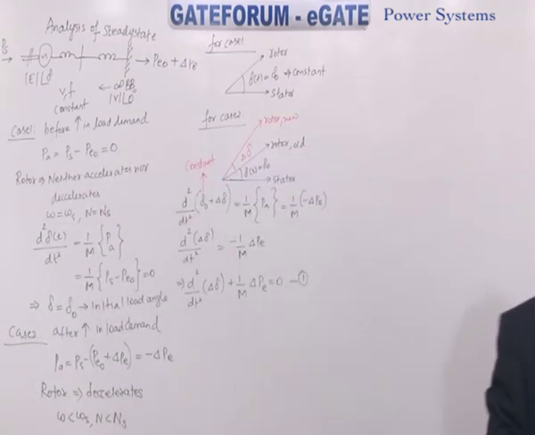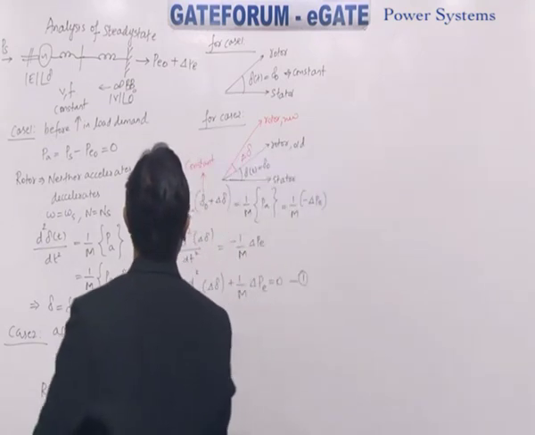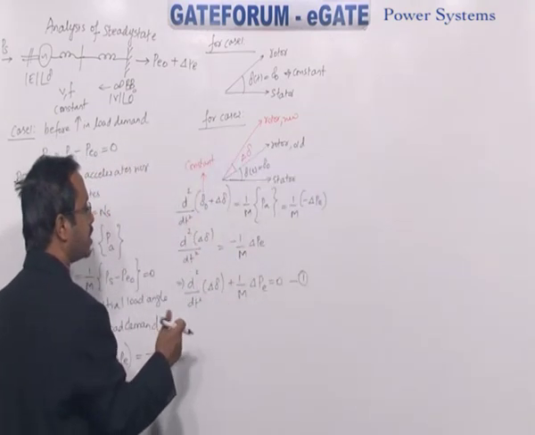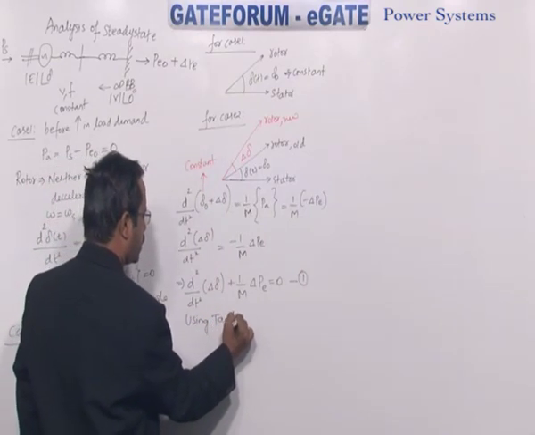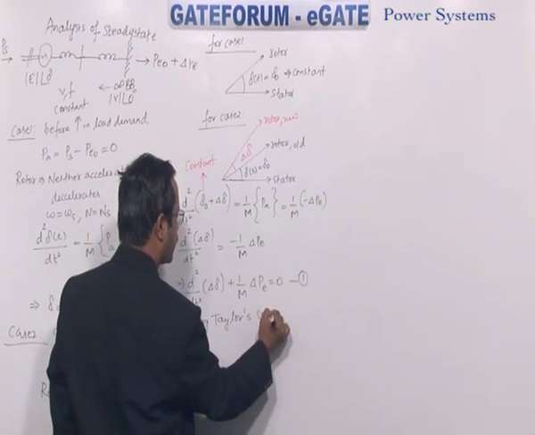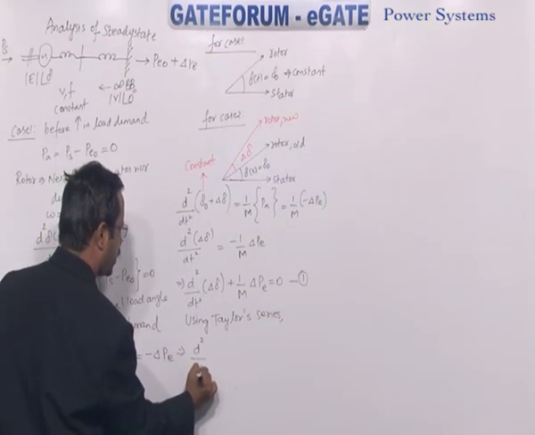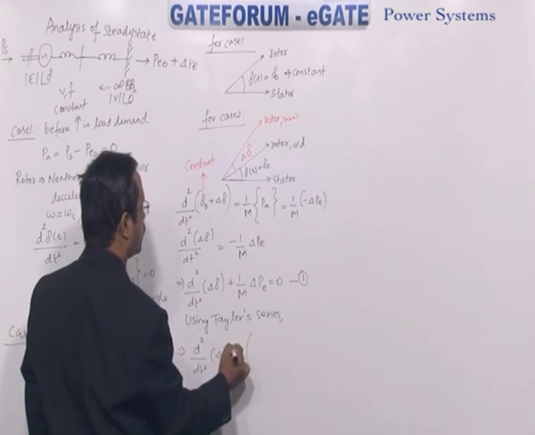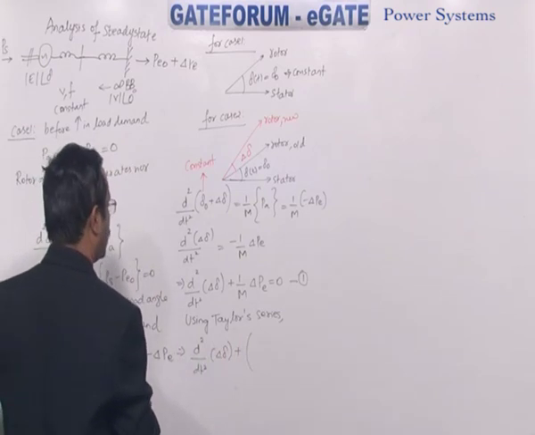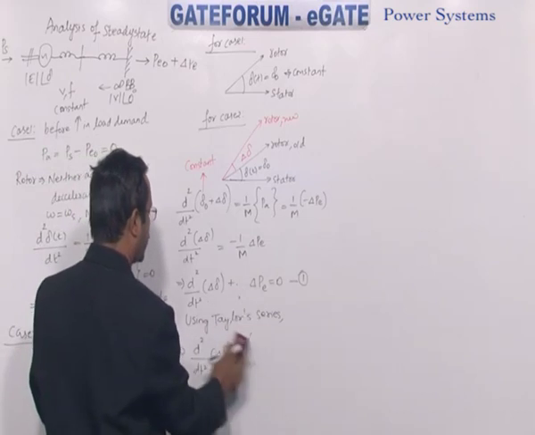Now this equation 1, you observe, is a second order nonlinear differential equation. How to convert it to a linear differential equation? By using the Taylor's series. So what do you write? d square by dt square delta, you represent m to this side now.